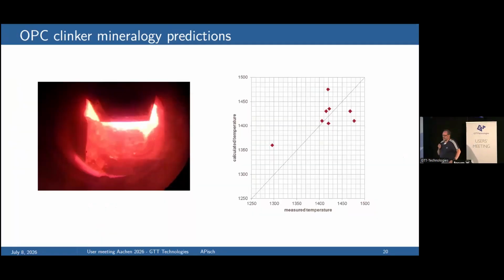Some interesting feature is, as I said, you indirectly calculate the liquidus temperature, where you have 25% liquid, and this is a comparison of measured data compared to the calculated. And if you see probably plus minus 50 degrees, you're always within the uncertainty. So that's also a good indicator that your model is not so bad.